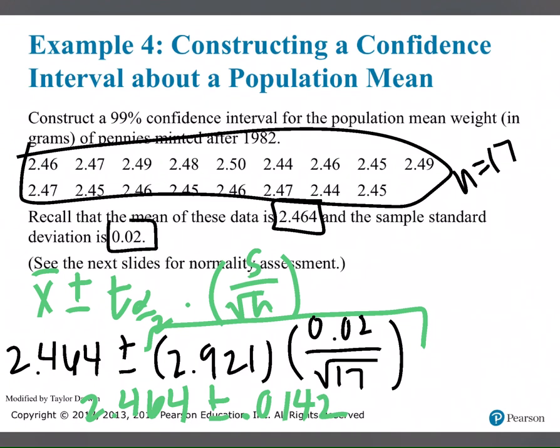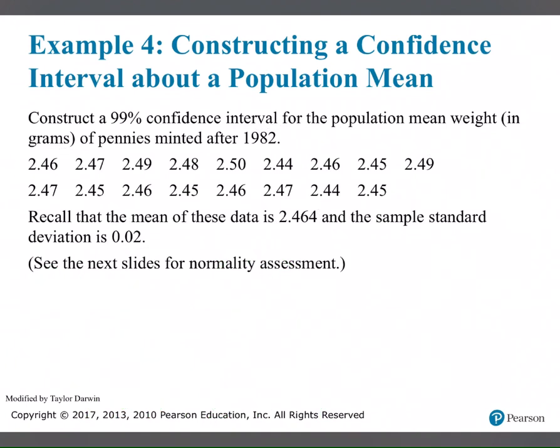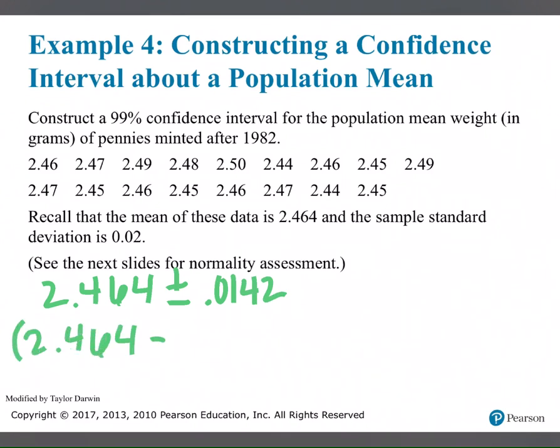All right, so I'm going to go ahead and erase this again so I can show you how I'm going to get this confidence interval. 2.464 plus or minus 0.0142. So the first one I'm going to subtract because that's going to be the smaller number, comma, then I'm going to do the same thing, but I'm going to add.